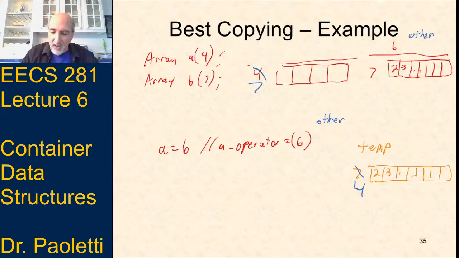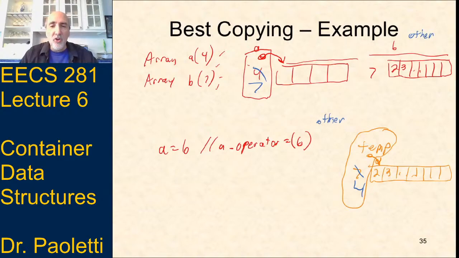What A really has inside of it is a size and a pointer over to here. And what's really inside of temp is this. It's got the number and it's got a pointer. So when we swap the pointers, now A points over to here and temp points over to there.